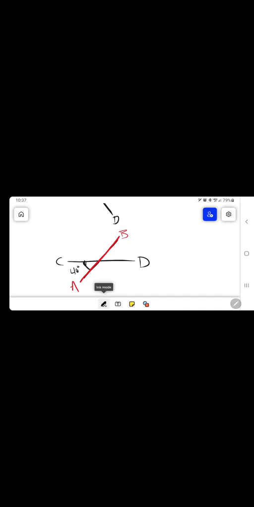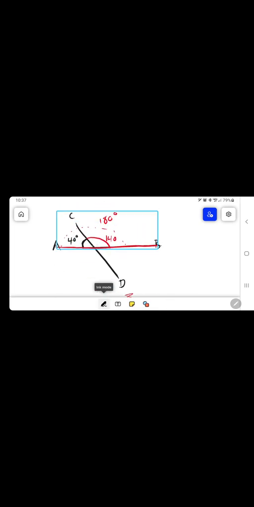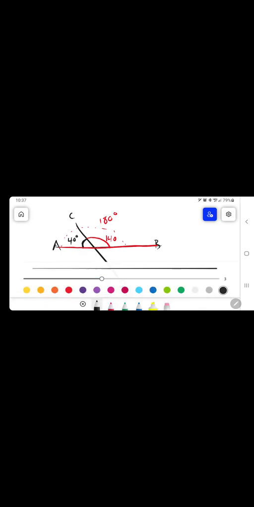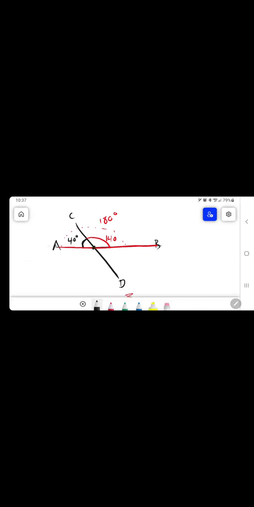The way we can verify that is we have A to this center point. We'll call this center point O. So A to O to C was 40 degrees.